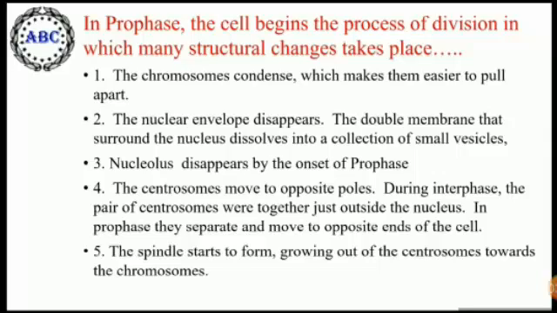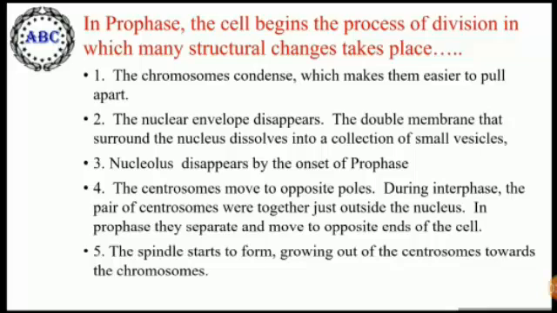In prophase, the cell begins the process of division in which many structural changes take place. The chromosomes condense, which makes them easier to pull apart. The nuclear envelope disappears. The double membrane that surrounds the nucleus dissolves into a collection of small vesicles. Nucleolus disappears by the onset of prophase.